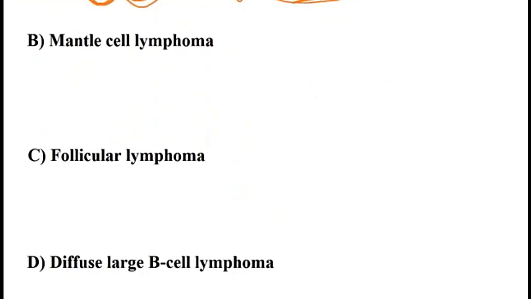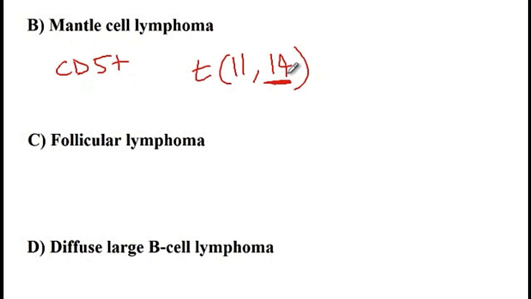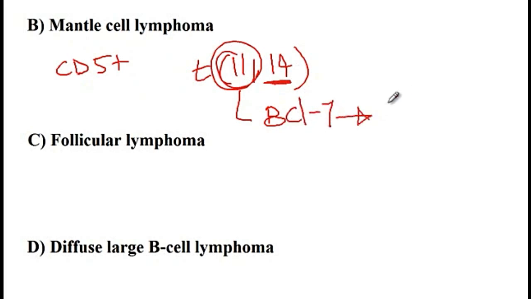Next, we have the mantle cell lymphoma, which is positive for CD5 receptors, and this type of lymphoma is caused by the translocation 11 and 14. So I just mentioned earlier, 14 is with the heavy chain immunoglobulin, while 11 is coding for the BCL1 gene, which produces the cyclin D1, which interacts with the cyclin-dependent kinase to help regulate G1 to S cell cycle transition.